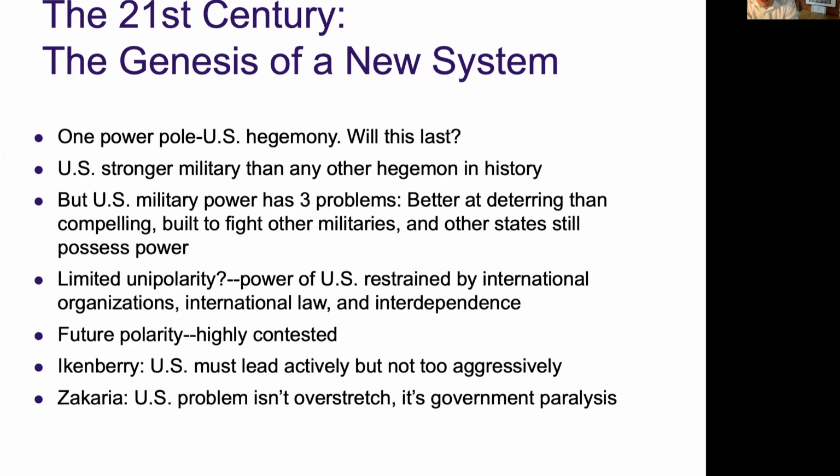and therefore it is stretched into many different sides, which leads to something like polarization within the population at the domestic level, and therefore a government paralysis, where the people are so split over what to do in what kind of situation, in which conflict, that they are not capable of making effective decisions anymore.